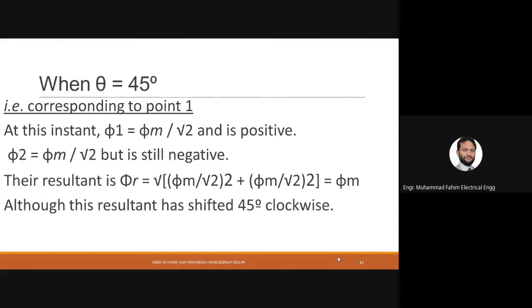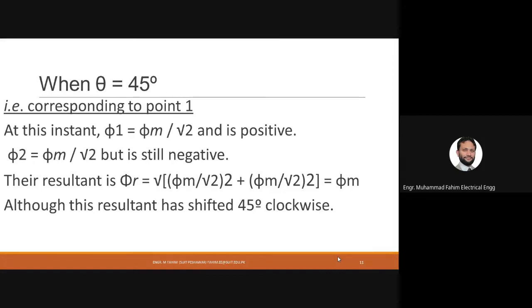Phi 2 is equal to phi max divided by under root 2, but it is still negative. The resultant phi r is equal to under root of (phi max by under root 2) whole square plus (phi max divided by under root 2) whole square. So that is equal to phi max.